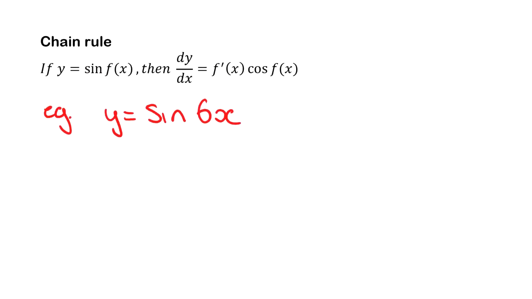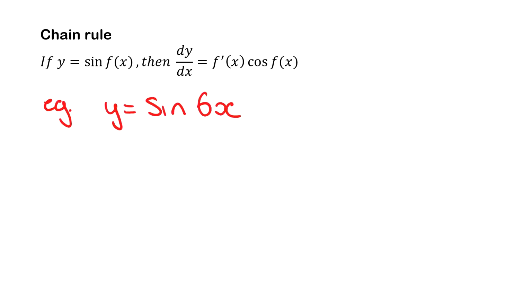All right, so we're going to be looking at some of these chain rules here. If y equals sine f(x), then the derivative is going to be dy over dx equals just the derivative of your f(x) section multiplied by cos f(x). So what that means is, if we have y equals sine 6x, my f(x) component is going to be the 6x.